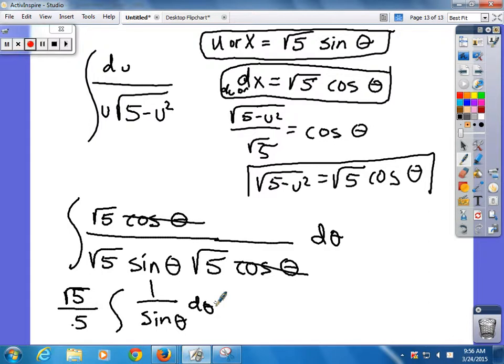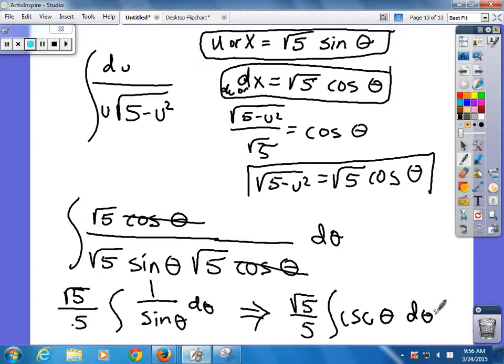Cosecant? Thank you, class. Square root of 5 over 5 times the antiderivative of cosecant of theta, d theta. And I have no idea what the antiderivative of cosecant is, so you have to look it up if you can't remember it.